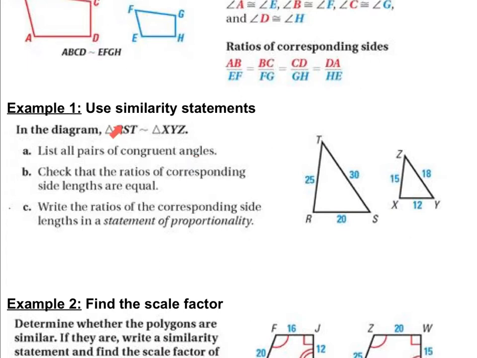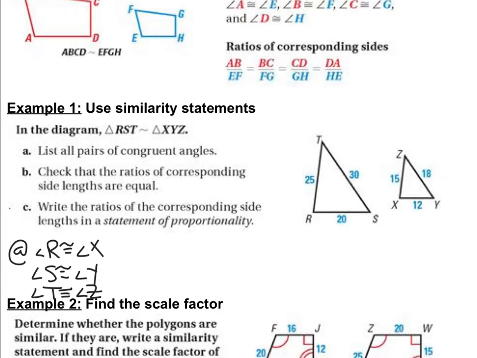The way I like to teach it is that the angles, as they're written up here, are congruent to the angles in the same order over here. So angle R is congruent to angle X. Angle S is congruent to angle Y, and angle T is congruent to angle Z.